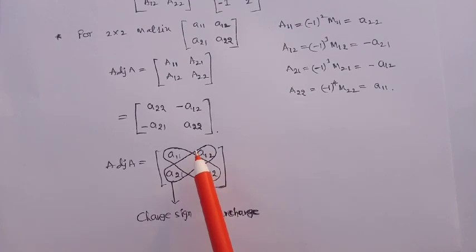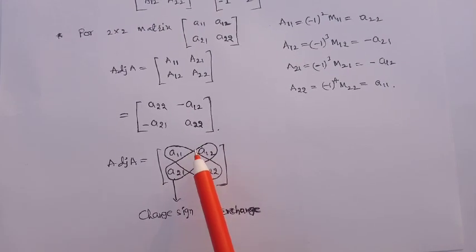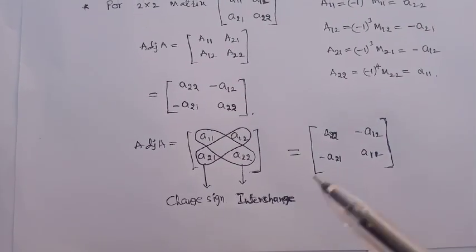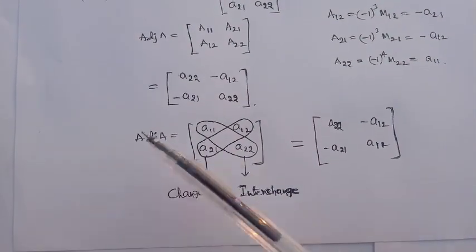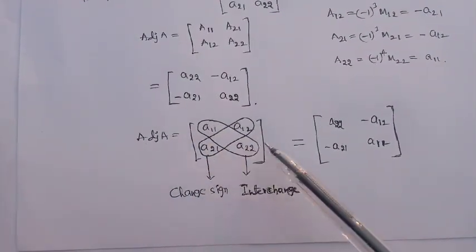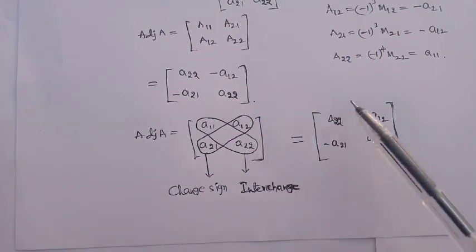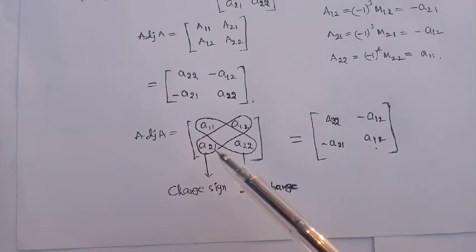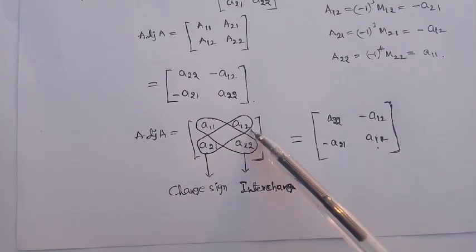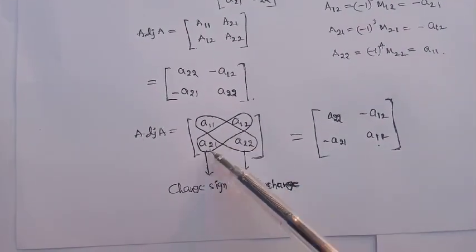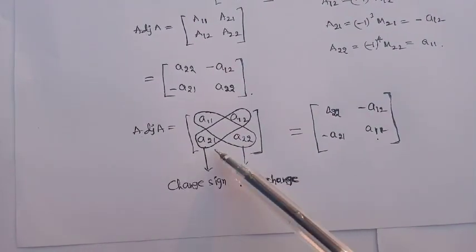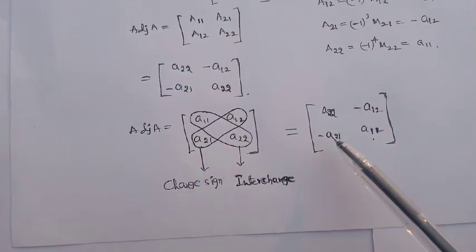If plus is there, keep it minus. If minus is there, keep it plus. Now finally we see adjoint of A: interchanging A11 and A22, so A22 will come here, A11 will come here. Next, changing the sign for these two elements, minus A12, so minus will come here, and A21 will become minus A21.